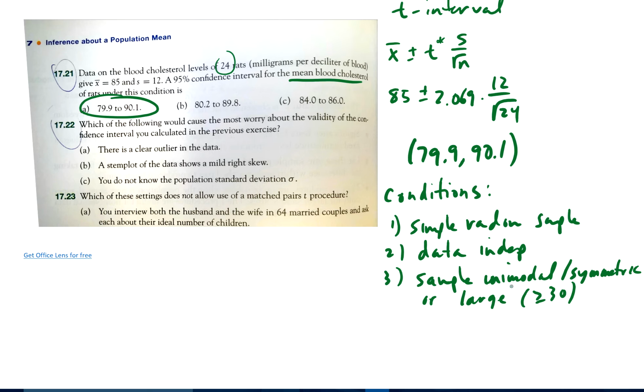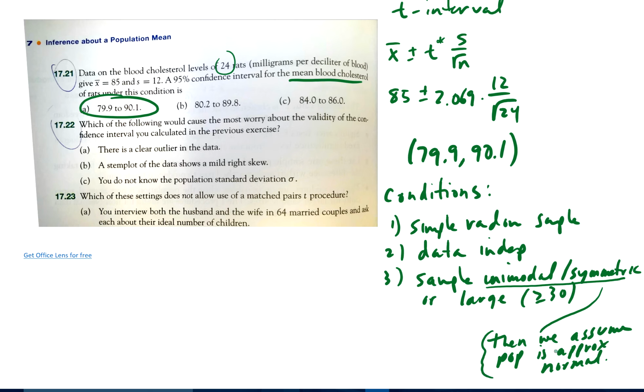What happens if the sample is unimodal and symmetric, then we assume the population is approximately normal. That's why we need that assumption. If that's the case, then we assume the population is nearly normal, and then it works for us.